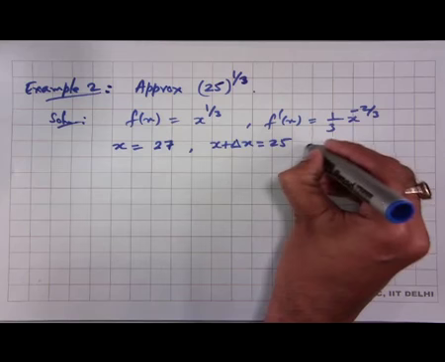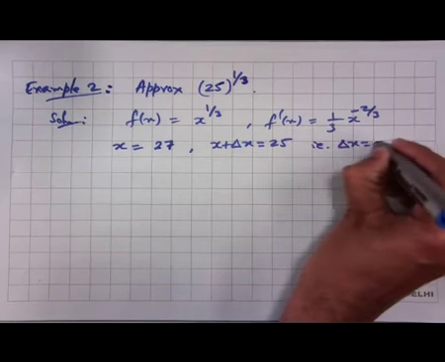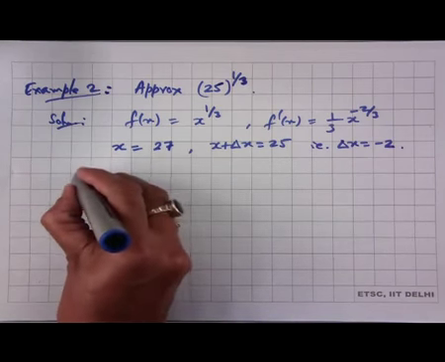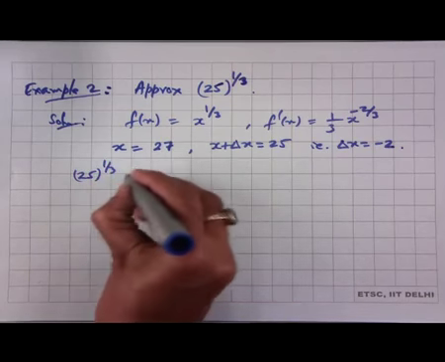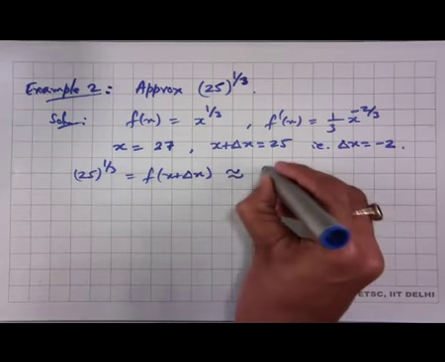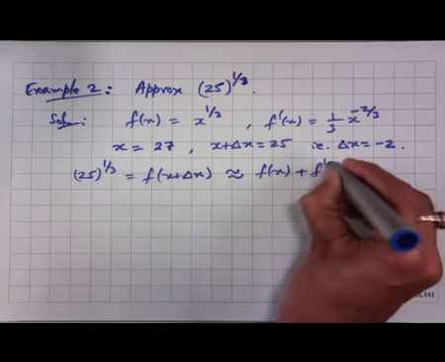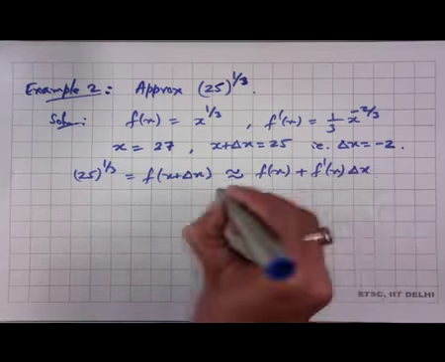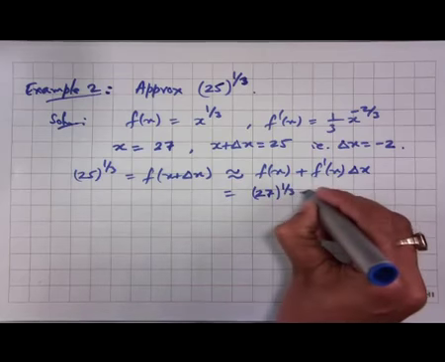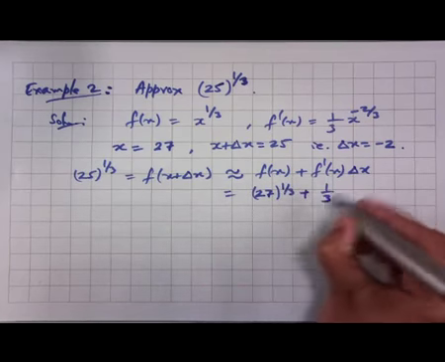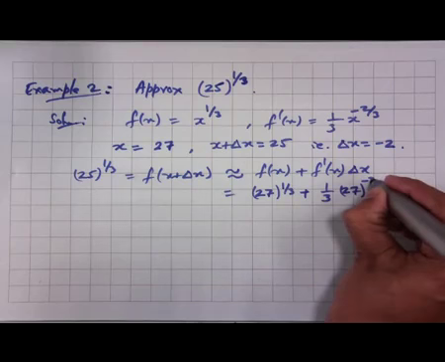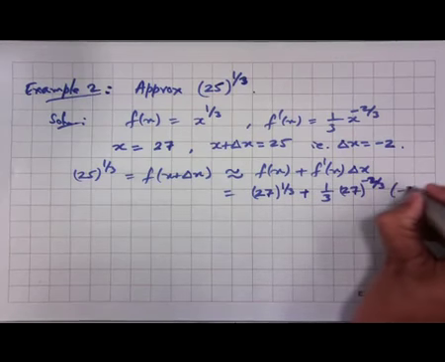So, we take delta x to be equal to minus 2, and then the cube root of 25 is the same as f of x plus delta x, which we will approximate by f of x plus f prime x times delta x, which is equal to the cube root of 27 plus 1/3 times 27 to the power minus 2/3, and delta x is minus 2.